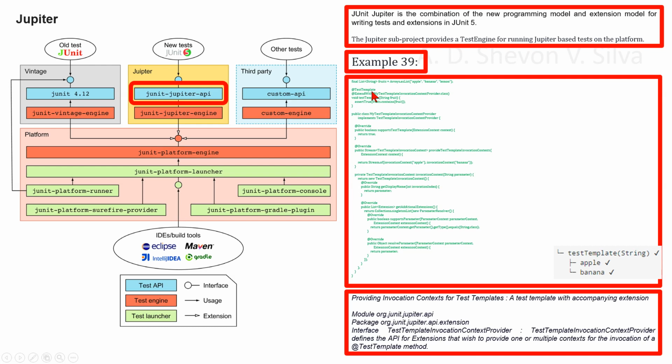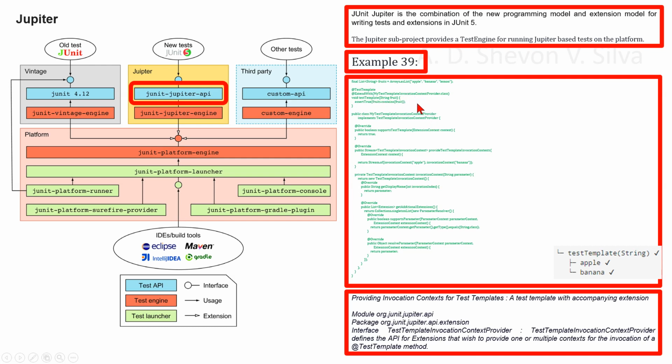The interface TestTemplateInvocationContextProvider in package org.junit.jupiter.api.extension in module org.junit.jupiter.api defines the API for extensions that wish to provide one or more multiple contexts for the invocation of a test template method.